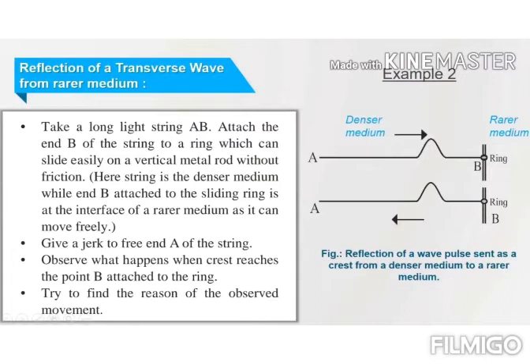Now, give a jerk to the free end A of the string. Observe what happens when the crest reaches the point B attached to the ring. Also, try to find the reason of the observed movement.